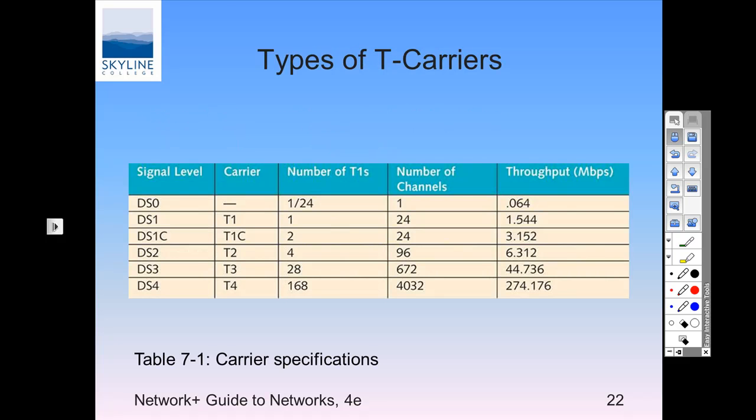It can be single channels or multiple channels, and this is a list of them. When you get up into the T4s and so on, T4, 274 megabits per second, we're probably talking about something we use. The T1, which used to be absolutely desirable, is not so fast anymore.